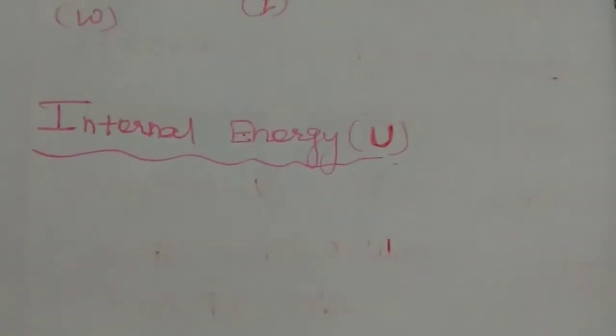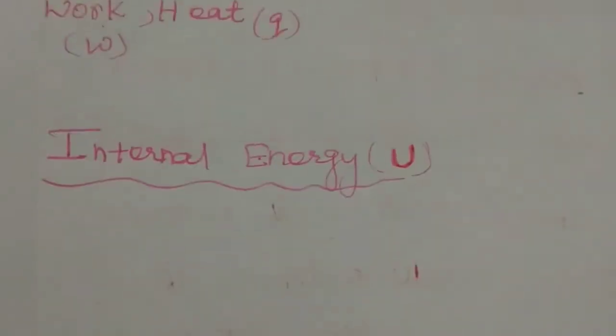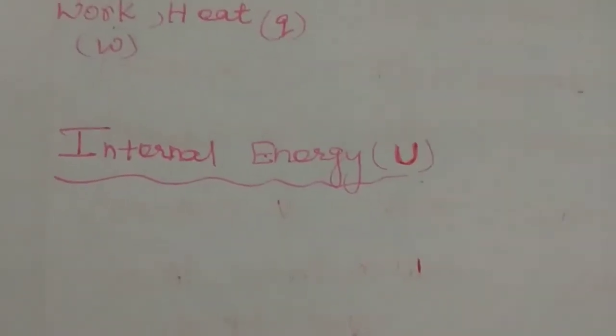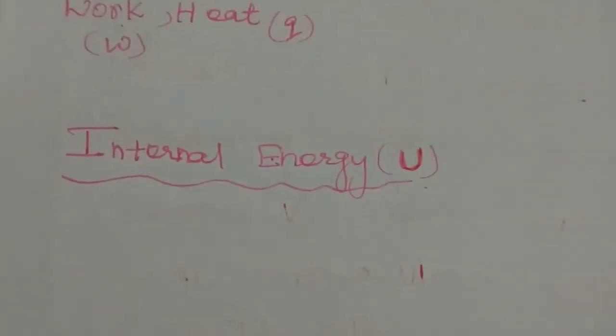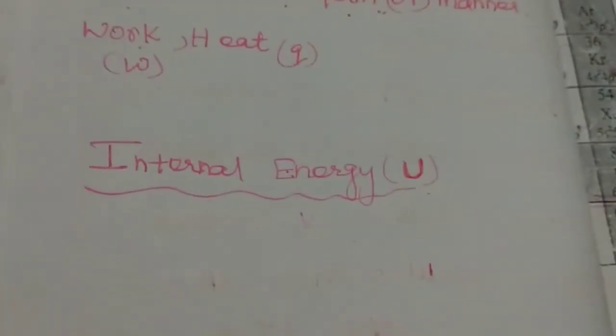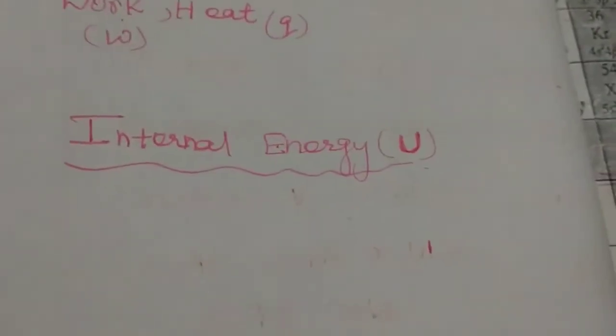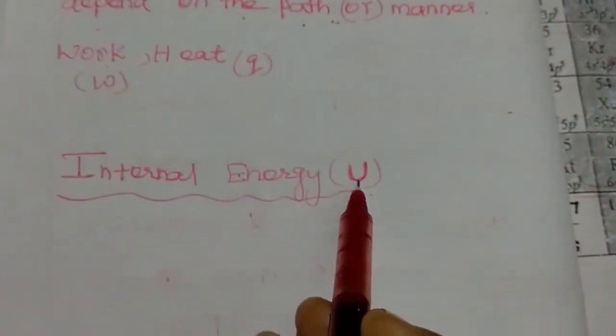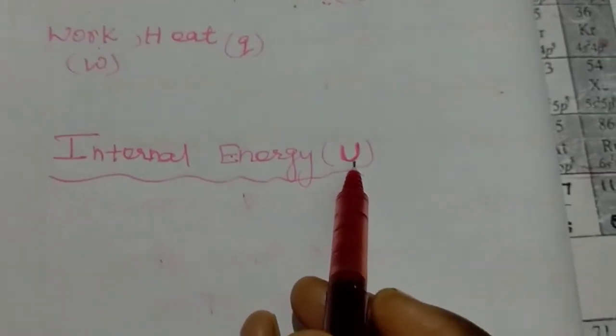When you take one atom or any molecule, they have some energy within that atom and molecule. That energy inside the atom and the molecule is known as internal energy. And how do we measure it, how do we write the formula for this internal energy? Generally we denote internal energy as capital U.